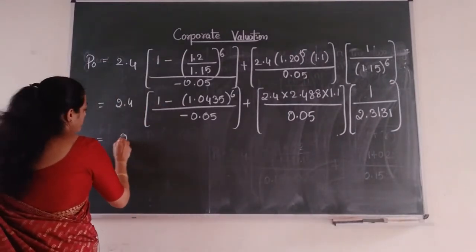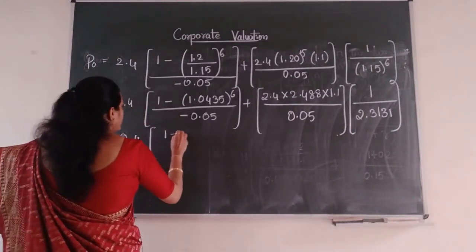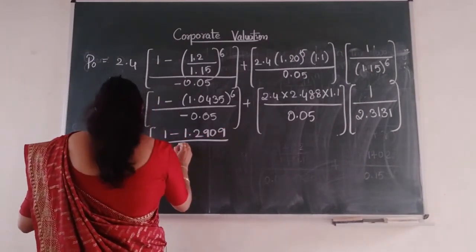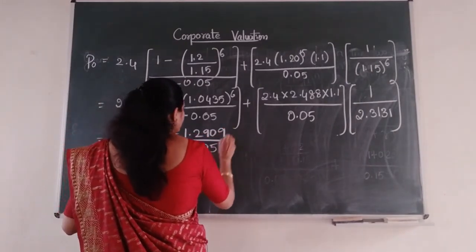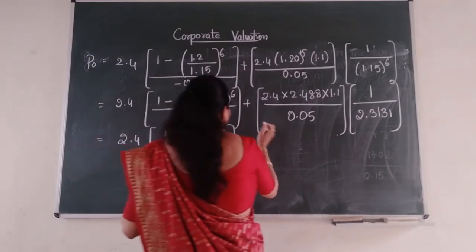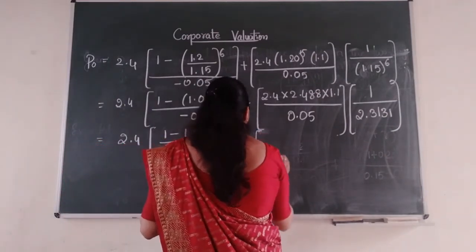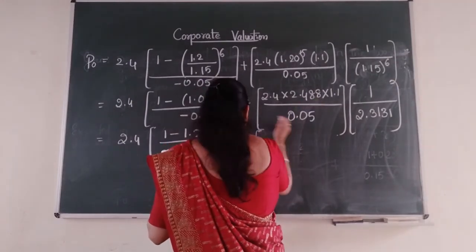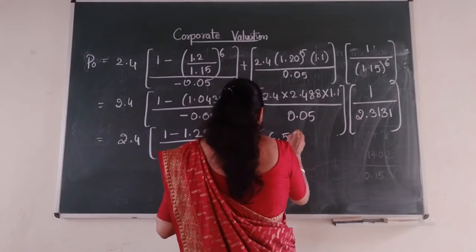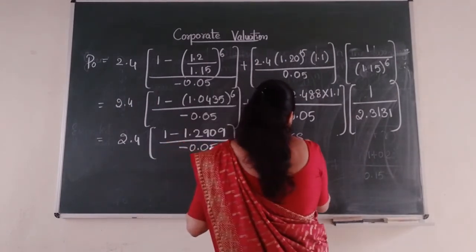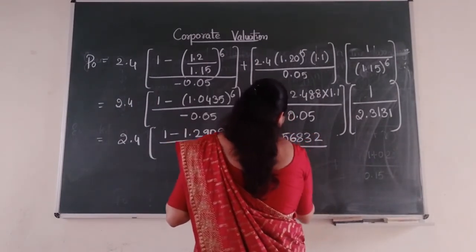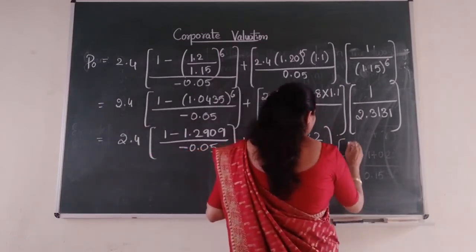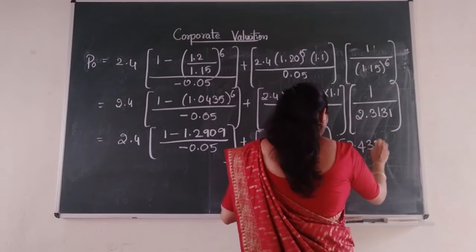So, next step, 2.4 into 1 minus 1.2909, divided by minus 0.05, plus 2.4 multiplied by 2.488 into 1.1, which is 2.7368, the answer is 6.56832, divided by 0.05, multiplied by 0.4323.